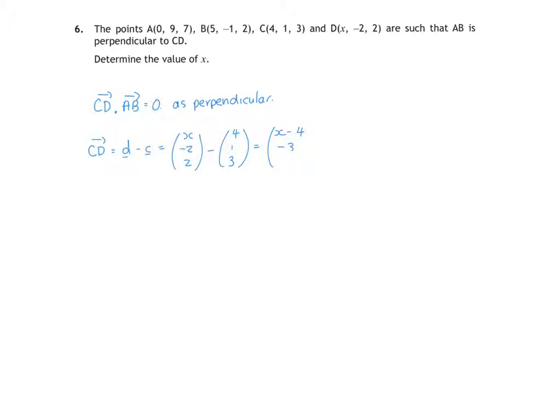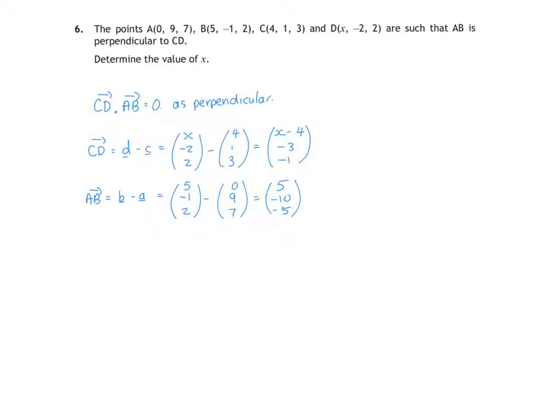And we've got 2 take away 3, so we have minus 1. And we've got to find AB, which is B minus A, which is going to be 5 minus 1, 2 take away 0, 9 take away 7. So we're going to get 5, minus 10, and minus 5.